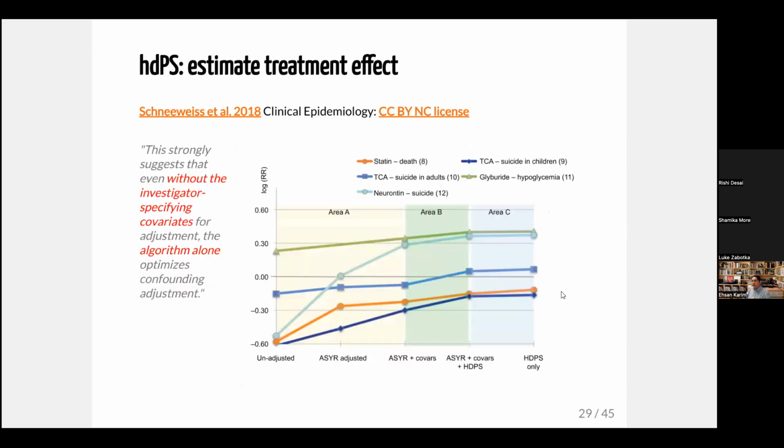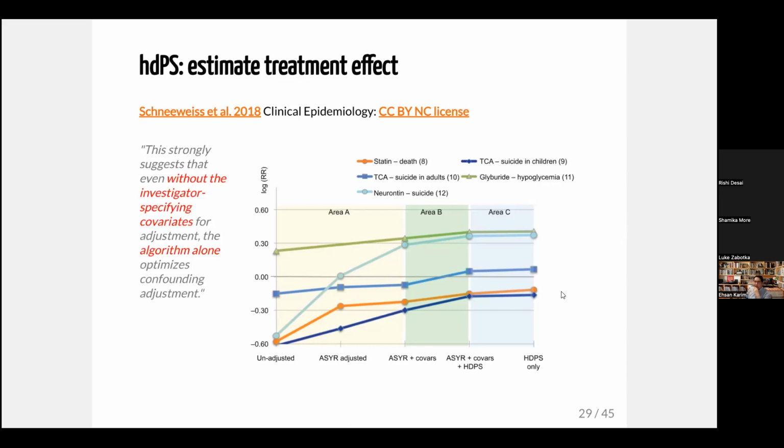So we wanted to do some simulation. But before doing that simulation, we also wanted to check what happens if we just rely on the 500 empirical covariates, if we do not include the investigator specified covariates. And that was because of one of the charts in this Schneeweiss paper.